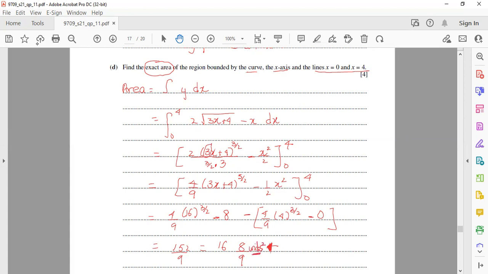Don't forget to write the units squared. So for this question, you have 1 mark for correctly integrating the curve with the limits from x is equal to 0 to 4. 1 mark for correctly simplifying. 1 mark for correctly plugging in the values of 0 and 4. And 1 mark for correctly getting the answer for the area.